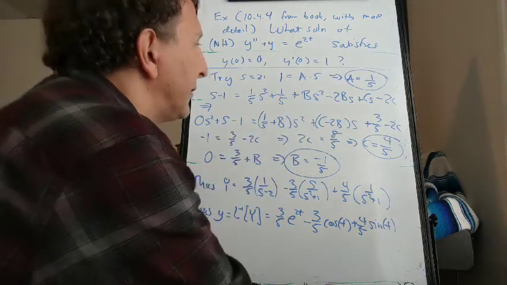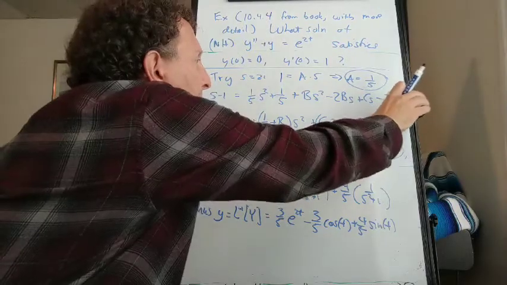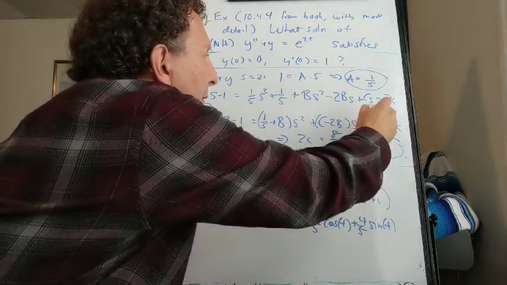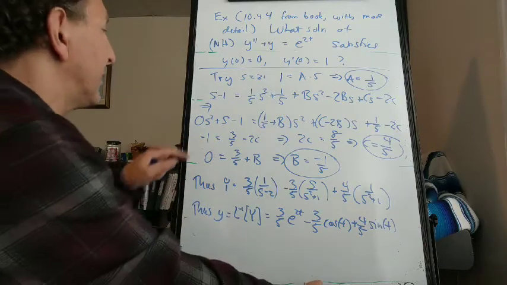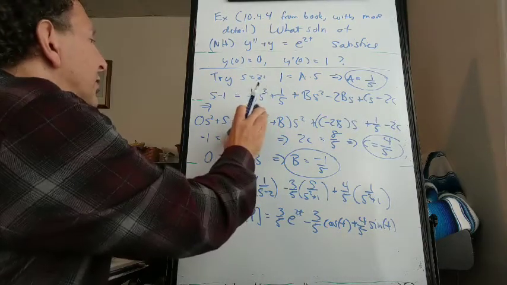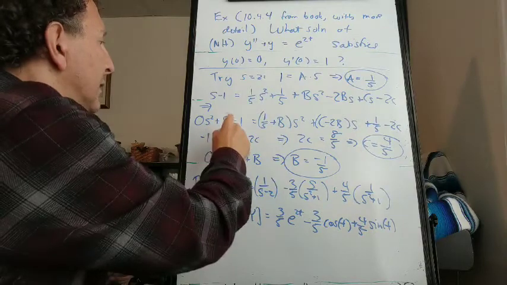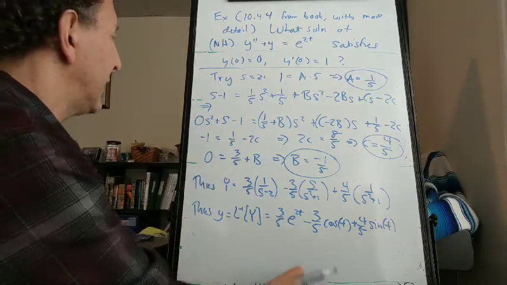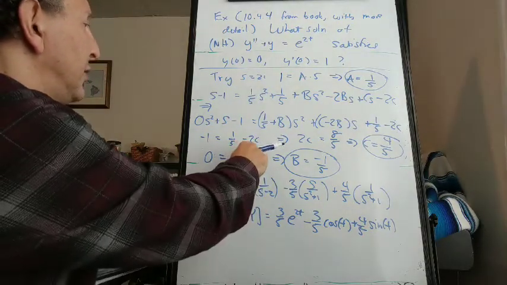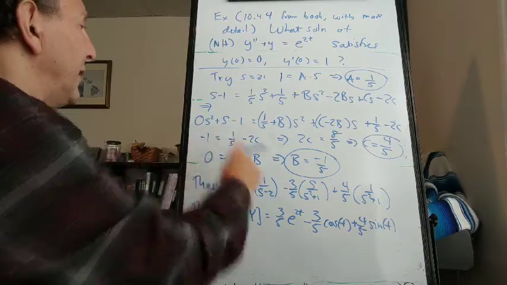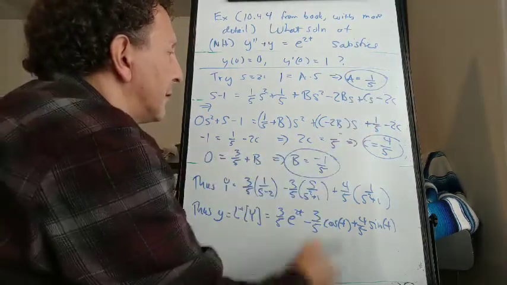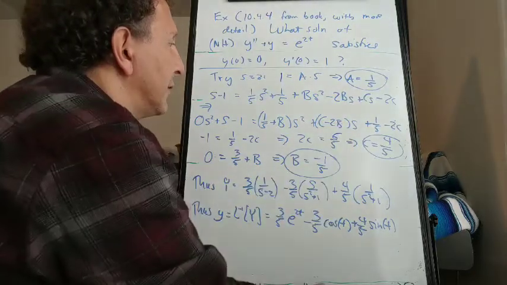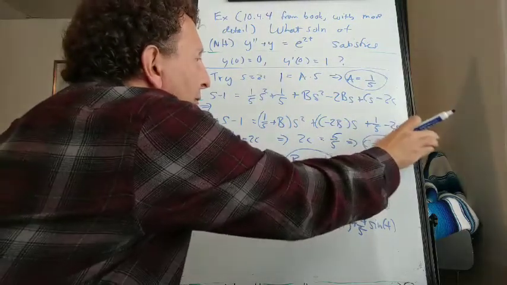And then this 3/5 is a 1/5. So negative 1 equals 1/5 minus 2c. Or put 2c on the left, and then we add 5/5 to 1/5 and we get 6/5. So c equals 3/5, not 4/5.